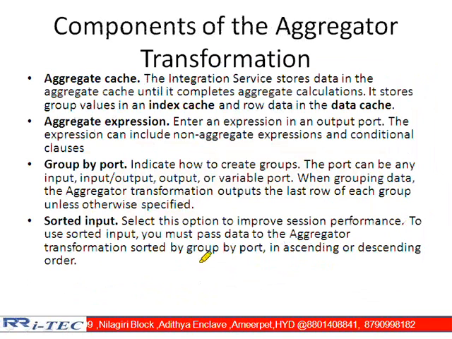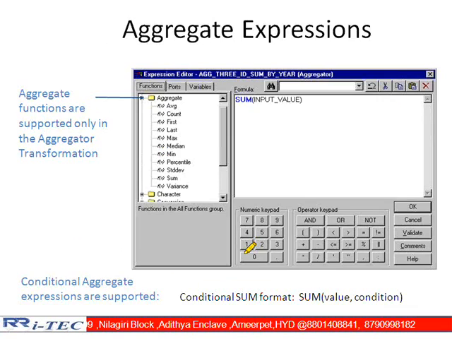Okay. Now next one is sorted input. Select this option to improve session performance. This is the only purpose, sir? Improving the performance. To use sorted input, you must pass data to the aggregate transformation sorted by group by port. Whatever I enabled in the group by ports here, the same columns I need to sort.